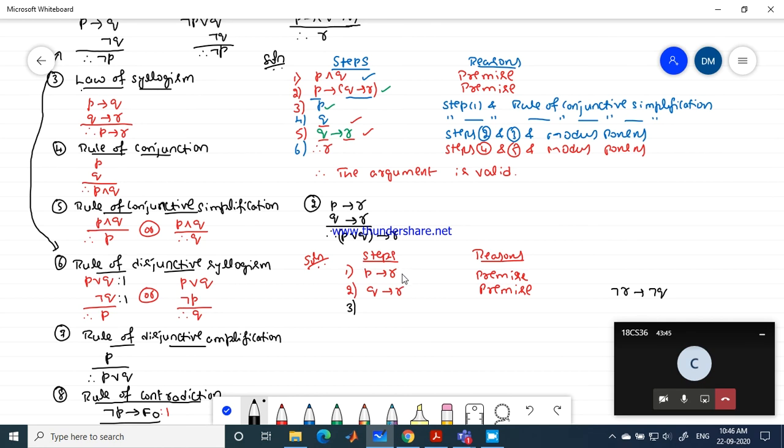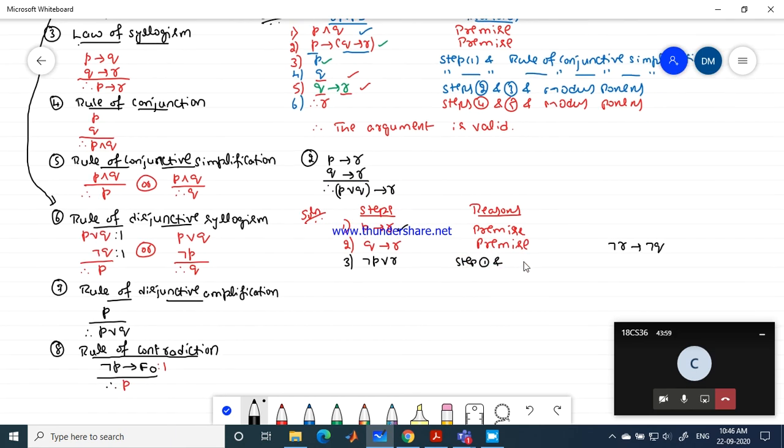So in this statement, I will rewrite this one as negation P disjunction R. This comes from step number 1, because the implication S implies T is always logically equivalent to negation S or T. Using the same reason for the second step, I will rewrite this one as negation Q disjunction R. This comes from step 2 and for the same reason.